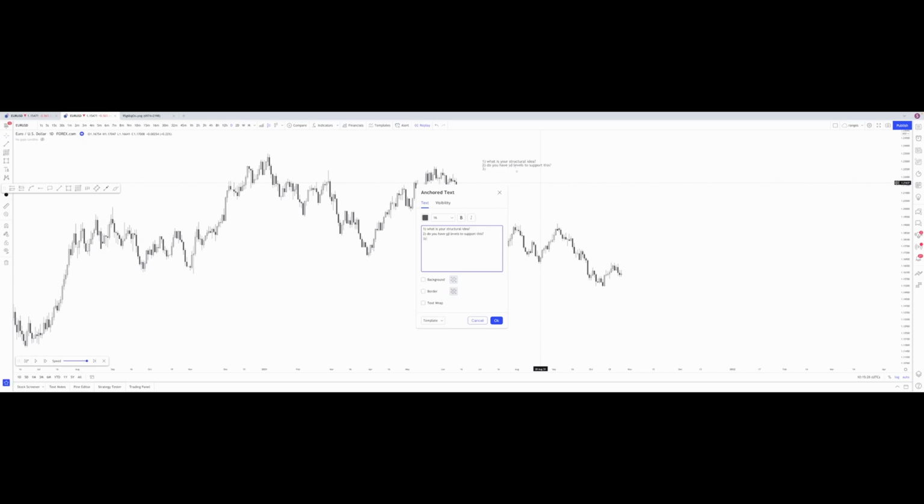Three, do you have liquidity to support both of the above? We're just going to ask these questions anytime we take a trade.